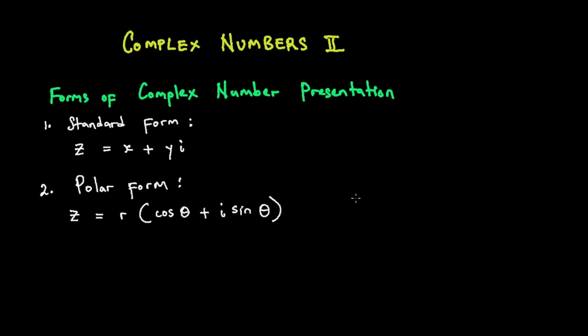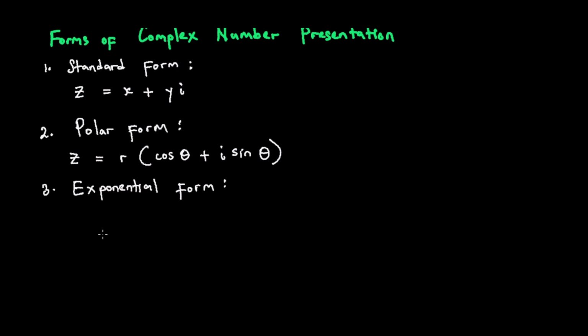And then we also have an exponential form. So what do we mean by exponential form? Complex z is equal to r e to the i theta, like that.